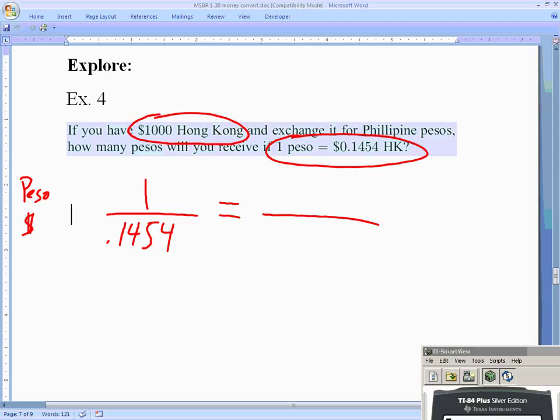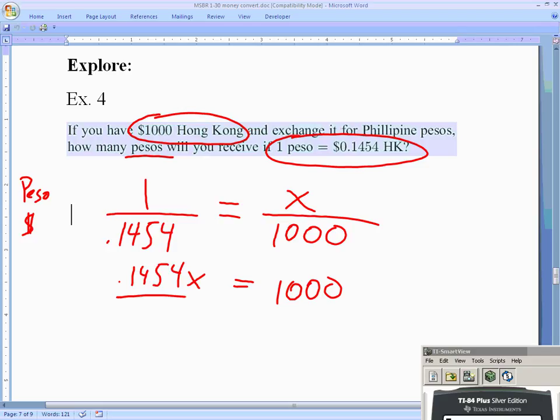The other number I have is 1,000 Hong Kong dollars, so I put the 1,000 in the bottom because that's where my other dollars were. And the thing I'm looking for is how many pesos will I receive. So X goes in the top where I had my pesos. I cross multiply. 1 times 1,000 gives me 1,000. X times 0.1454 gives me 0.1454x. Divide both sides by 0.1454.